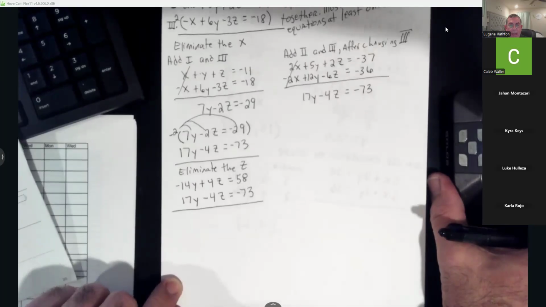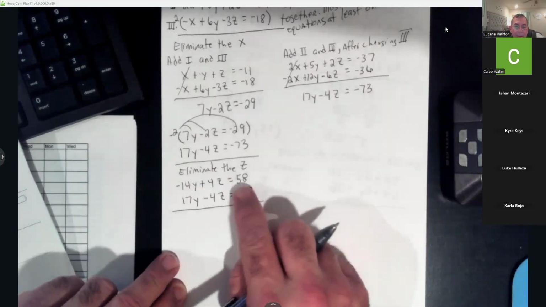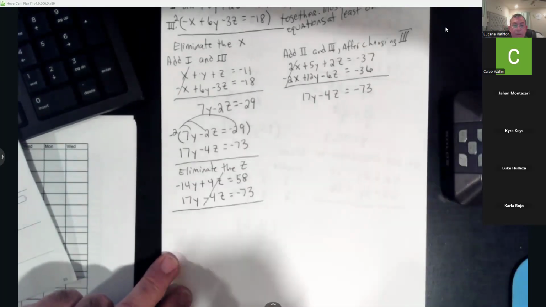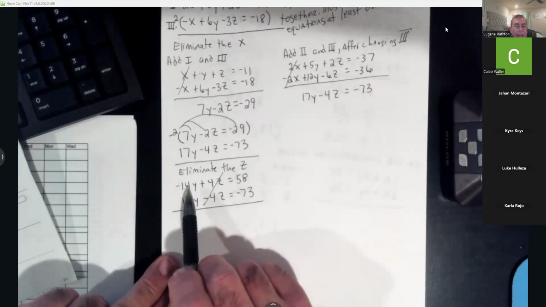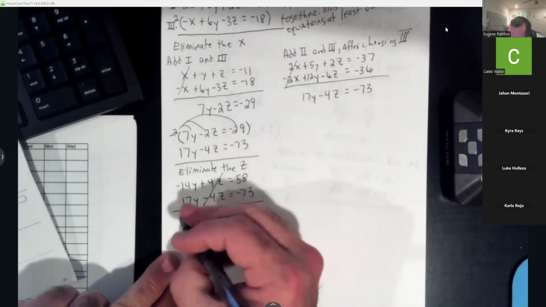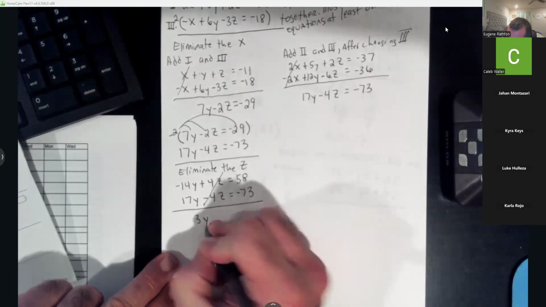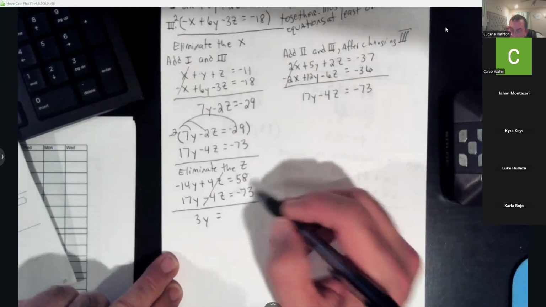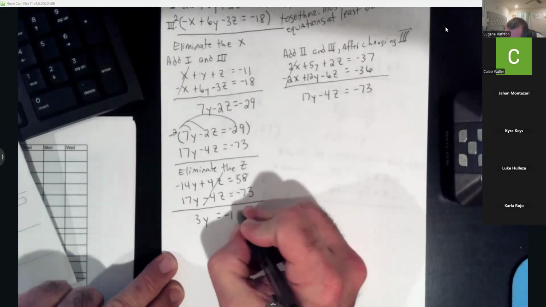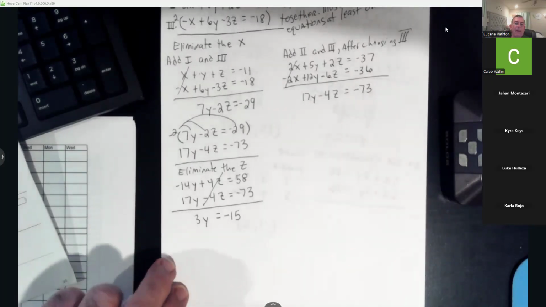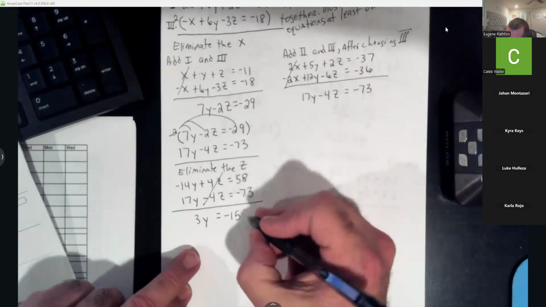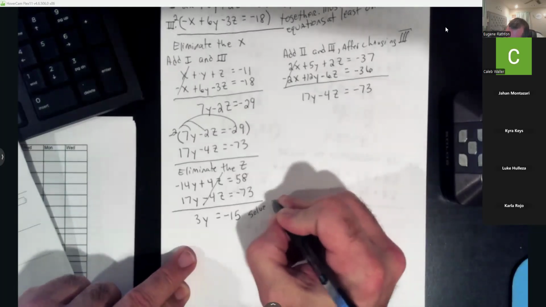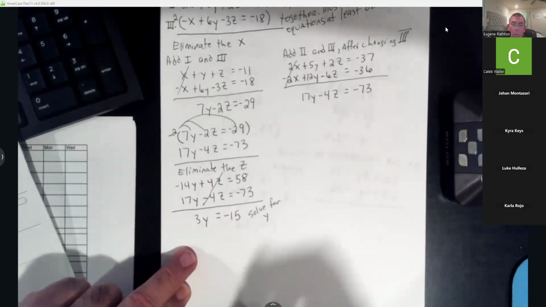All right, y'all. So now by adding, those z's are going to cancel. Negative 14 and 17 gave me 3y. 58 minus 73 was a negative 15. We're now to the point where we can solve for our y.